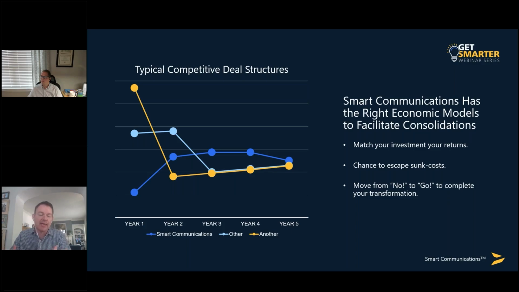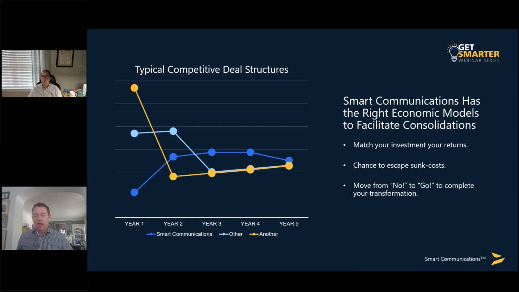That could be anything around the way that we structure professional services, how we work with partners, but it's also the way that we can specifically ramp deals so that you are using less volume on the front end of your contract, and that slowly builds up as you bring more of those lines of business or migration projects over. We've matched the way that we commercially structure these deals to make sense for how migration projects typically run.